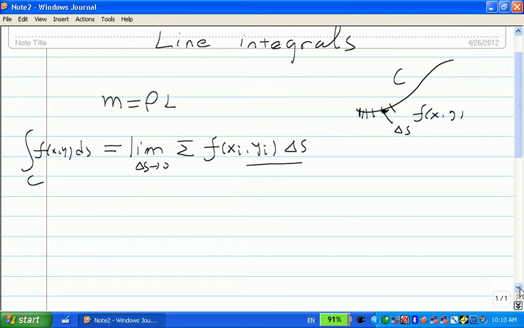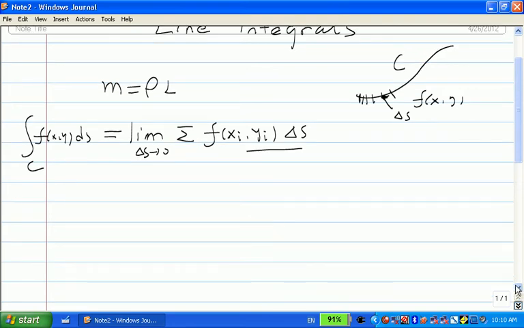There's another kind of line integral: finding the work that has been done. What is the formula for work? Force times displacement. If the force is a scalar and the work is done along one line, then that works.